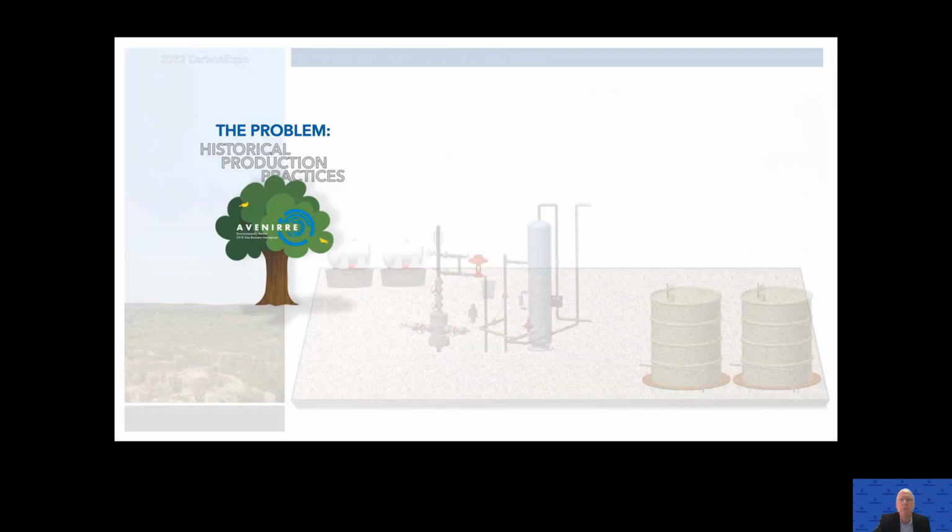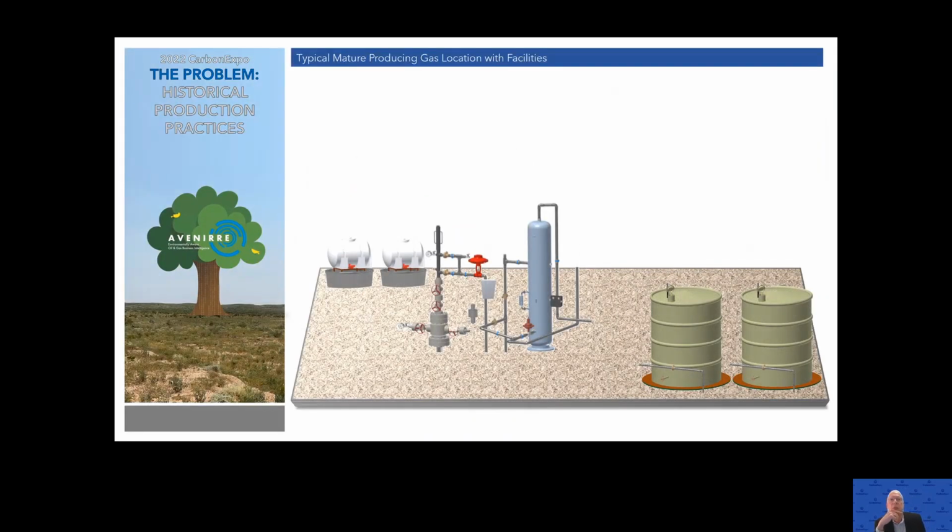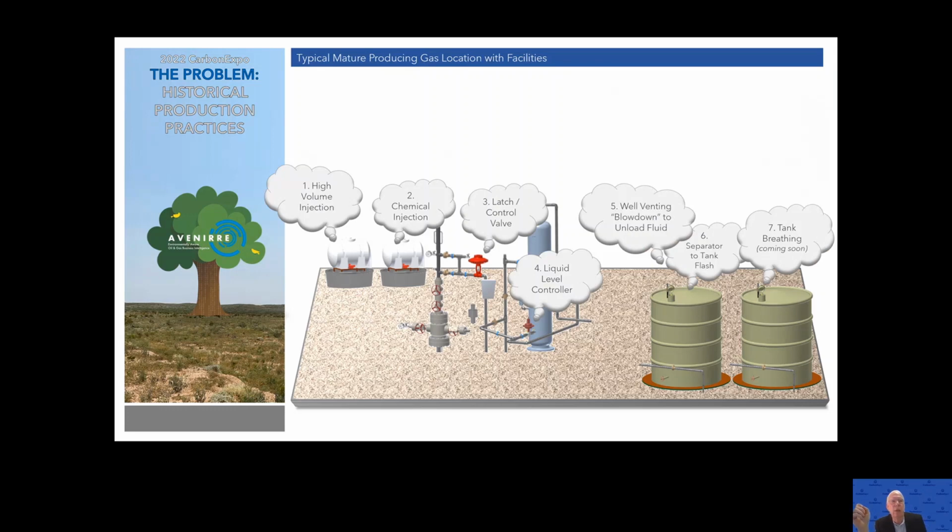So I want to show you this diagrammatic cartoon of some devices on a location that emit hydrocarbons as a function of normal operation. You can have chemical tanks, chemical injection quantities on location. You can have a latch valve or a control valve, which is seen there in red.